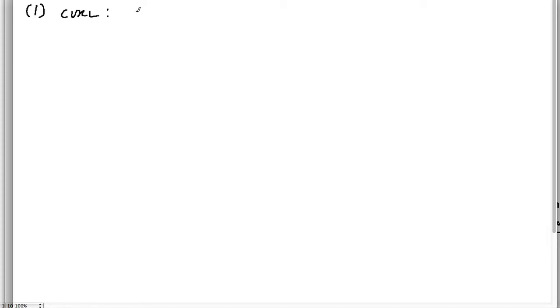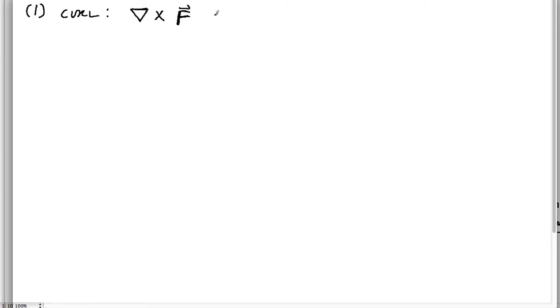So we're going to define the curl as the gradient vector now crossed with our vector function f. Again, we want to know something about f. We're given some vector field f, and we want to use this new descriptor to describe what's going on here. So let's see if we can get some understanding of what this is.